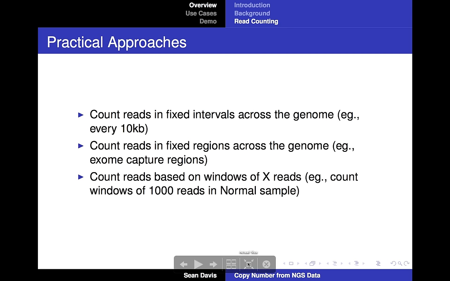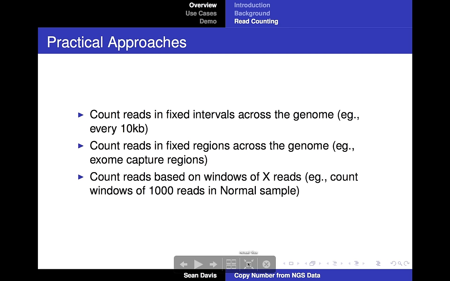and again we make ratios. And we can also count reads based on windows of a certain number of reads. For example, windows of 1,000 reads in the normal sample. Use that to define a sliding window, and then using the windows defined in the normal sample, go back to the tumor sample and count the number of reads in those windows. Again, coming up with relative copy numbers.